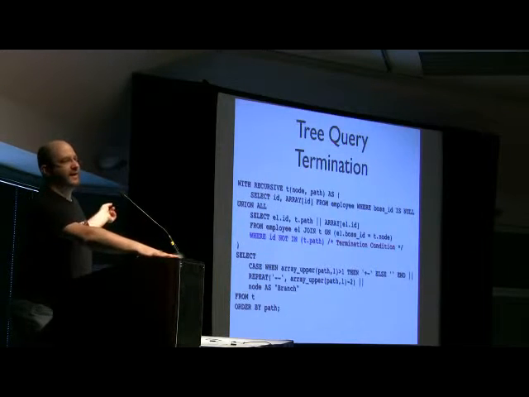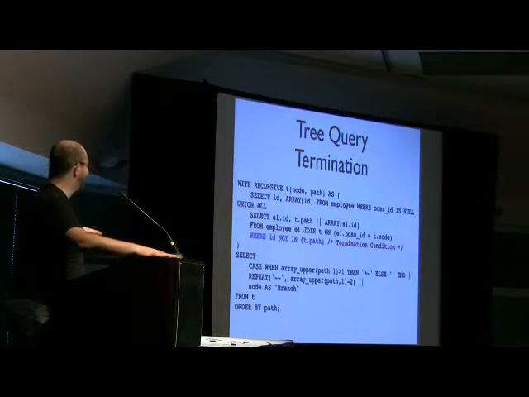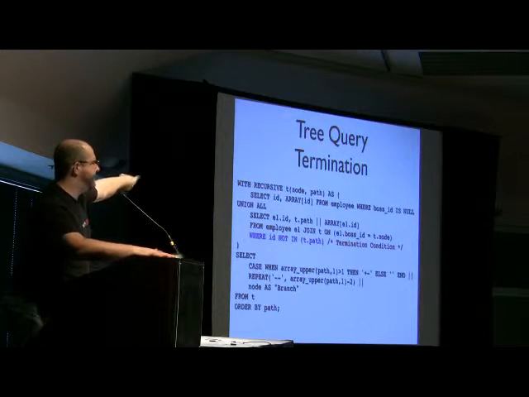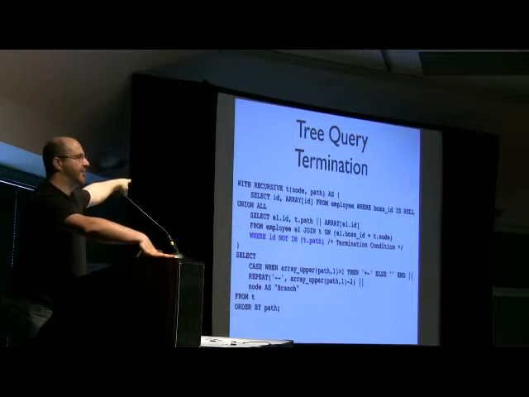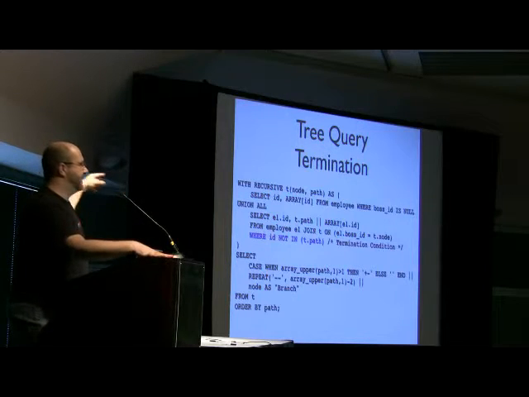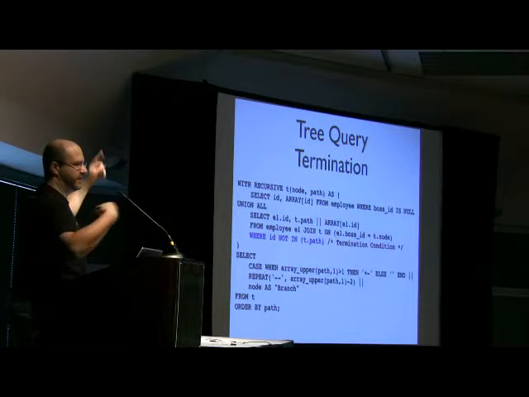Does anybody not see how it works? Well, okay, so WHERE ID NOT IN t.path. T.path is an array of IDs, and that's the materialized path that we created with this recursion.